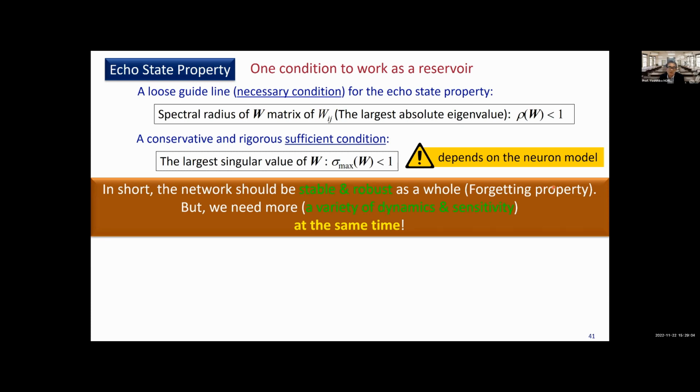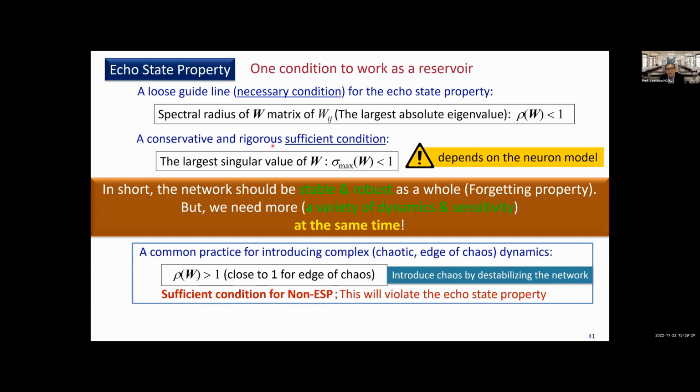But remember that we need more. That is a variety of dynamics or sensitivity at the same time. It is kind of easy to introduce complex dynamics in the reservoir neural network by violating this echo-state property.